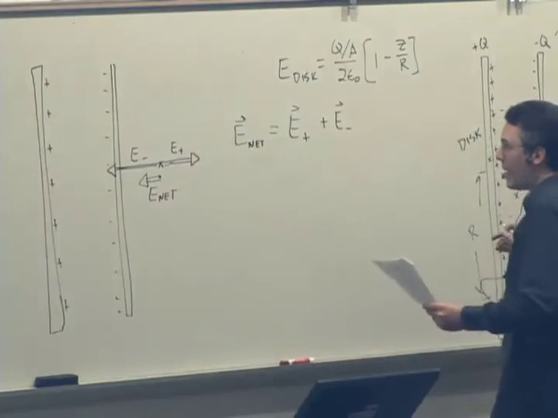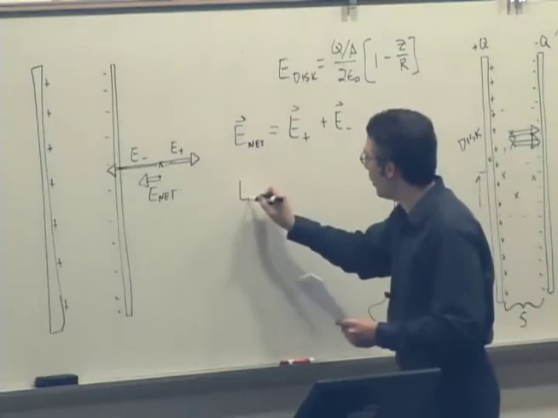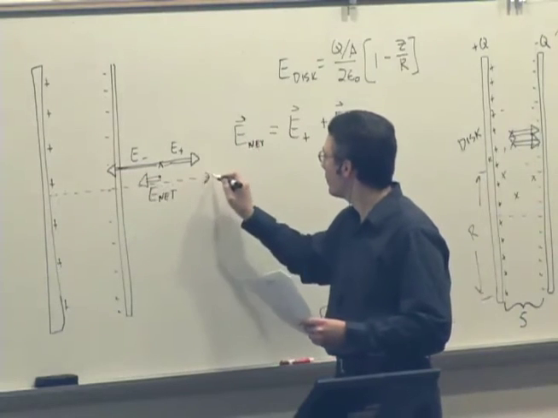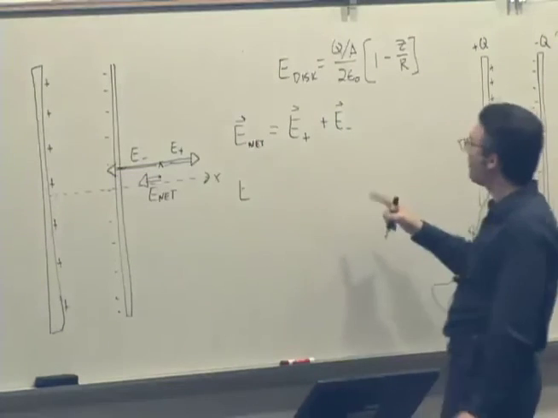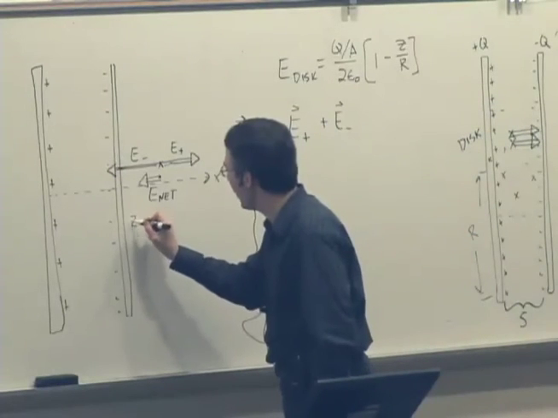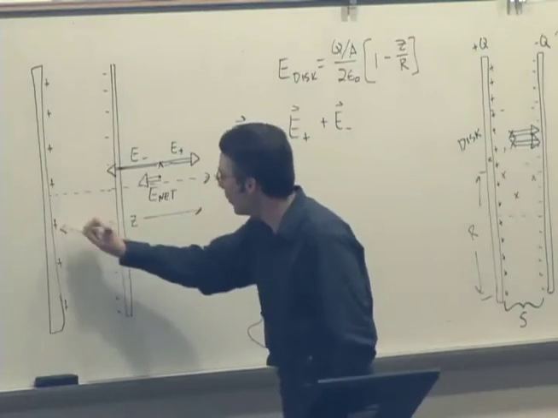And I'm just going to look at the x component. And, okay, they're calling this z, but don't get confused by that. The z distance is just along the x direction in this particular case, so don't worry about that so much.